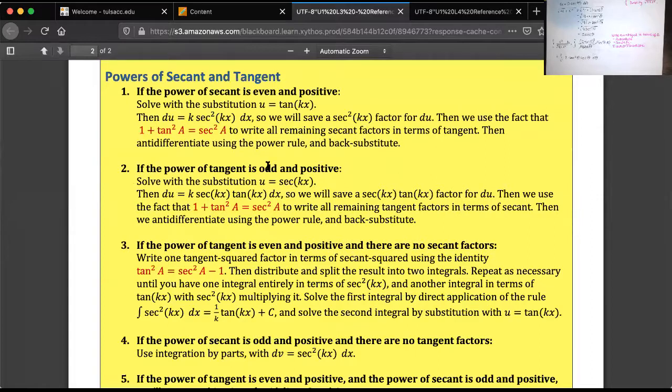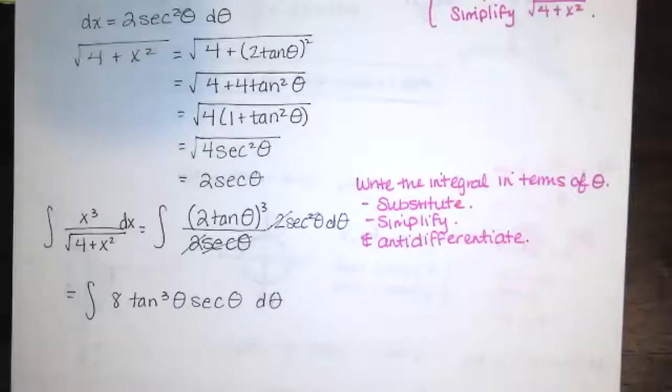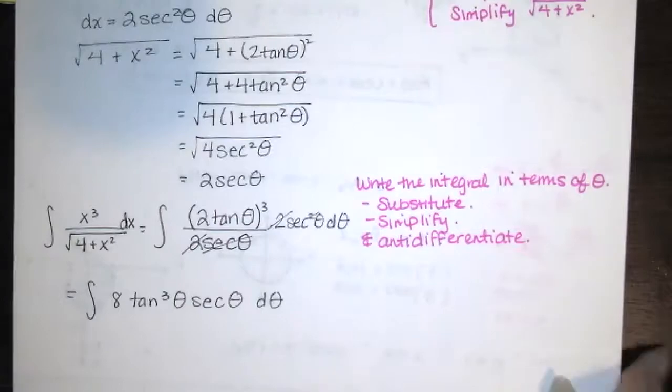And the second one says if the power of tangent is odd and positive, let u equal secant of whatever your variable is. And then your du will have a secant and tangent in it. So you want to factor out a secant times tangent for your du. So that's the plan. I say I've got the power of tangent, which is odd and positive.